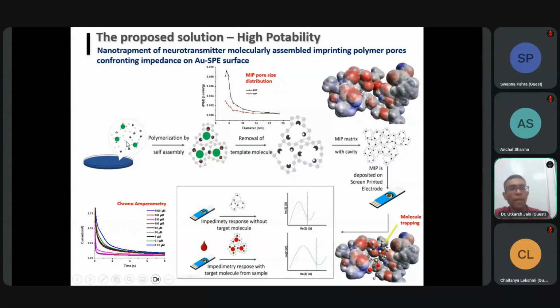So you take the monomers and mix them with the template together with the cross-linker and polymerization initiators, and you polymerize the polymer around the template molecule. Once it is polymerized, you remove the template.